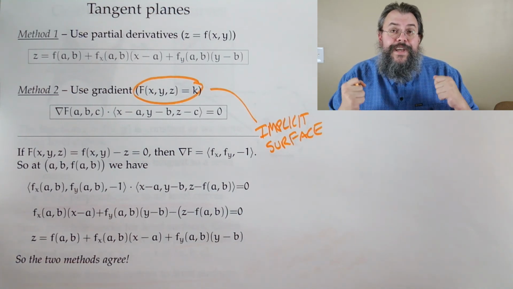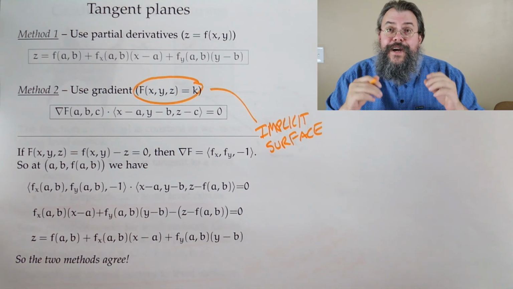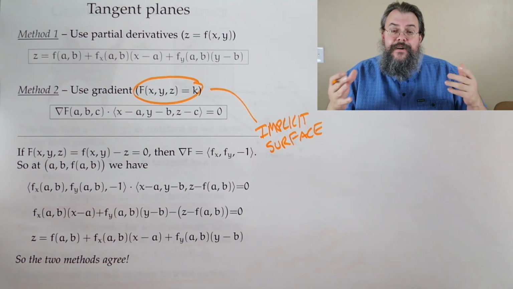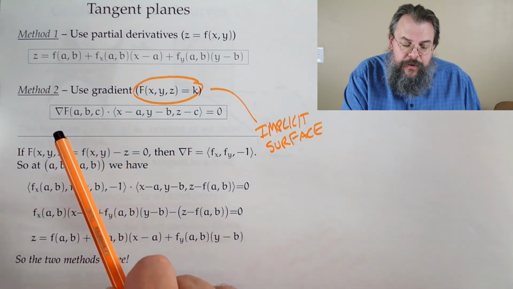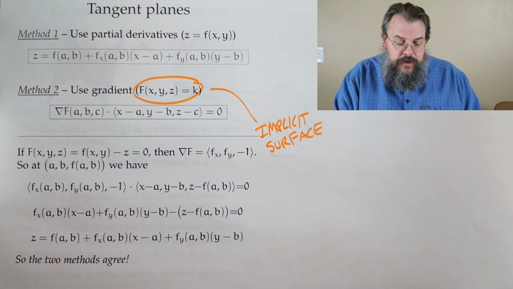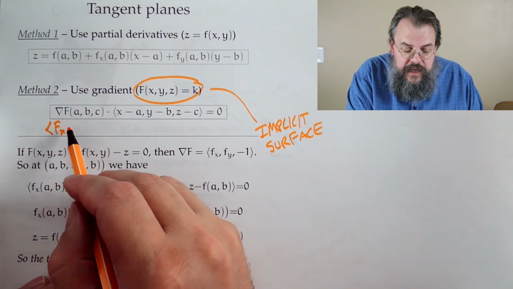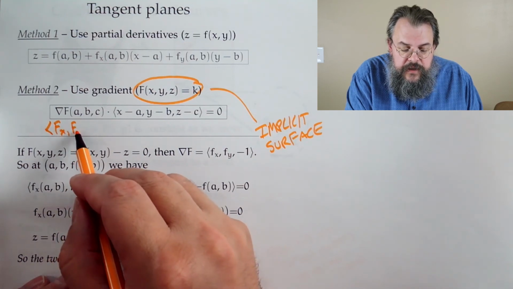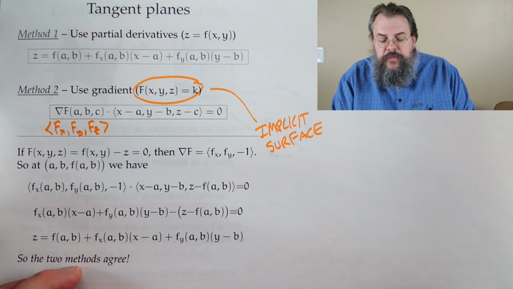The great news is we can still take derivatives, and we can still find tangent planes by taking our collection of partial derivatives, and life is good. So how do we do it? Well, we compute the set of partial derivatives. So what does this look like? This is the partial of capital F with respect to x, the partial of capital F with respect to y, and the partial of capital F with respect to z.